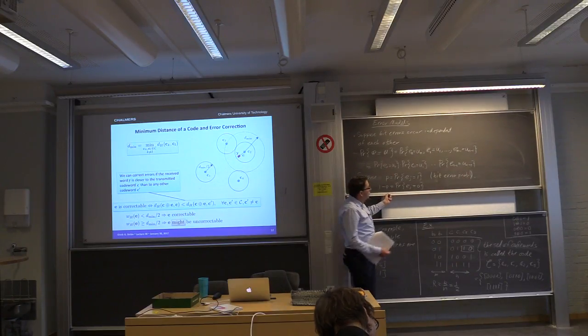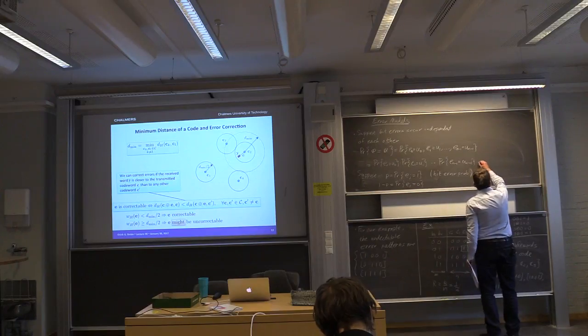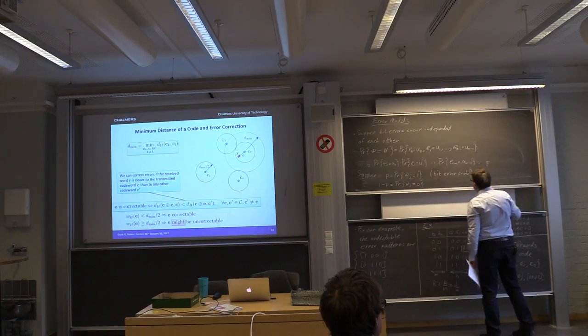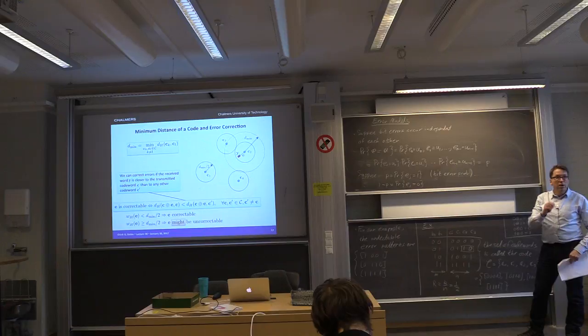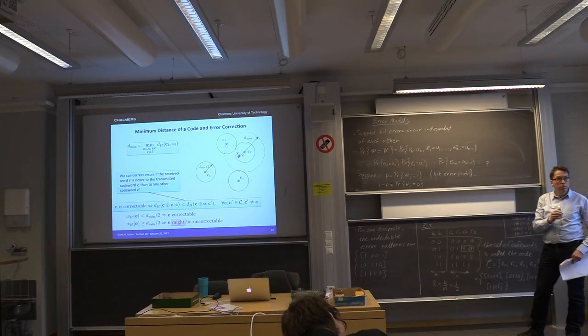Okay. So we see that this can be written then as P raised to the power which is equal to the number of ones in the U vector. Right?